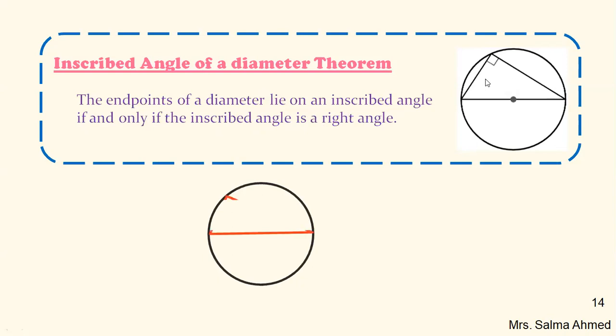As another example, this is a triangle that I drew. This angle must be 90, as this line is the diameter, and the two endpoints are the diameter of the circle. Another one: if I have this line, which is a diameter connected between two endpoints, this angle must be 90 degrees.